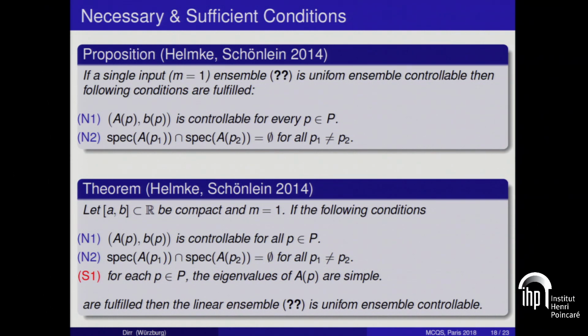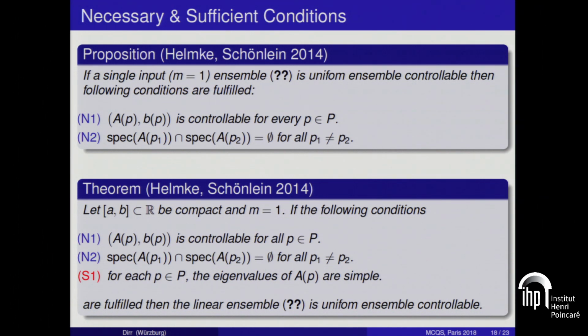This is a quite natural assumption. And the second condition says, consider the spectrum of A at some parameter value and the spectrum of A at some other parameter value, and their intersection has to be empty.